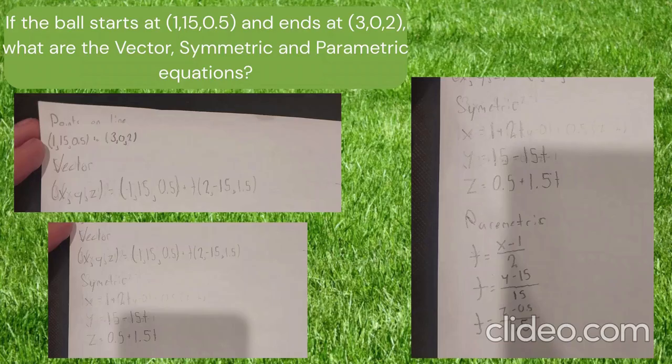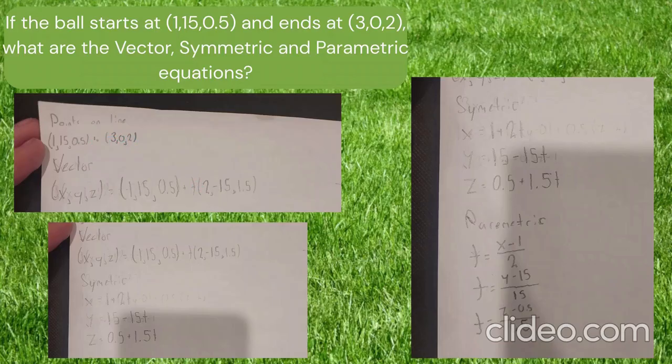So as t increases, let's say t is 1, we're going to be able to add these two together to get our x, y, and z coordinates. So if it's 1, you can add 2, you can add 1.5, which is 0, and you can add 1.5, which is 2. Oh my god, we got this point. So the way we find this is by subtracting this number from this number and then plugging it in. This number from this number plugging in, this number from this number plugging in, and then adding a t. Now let's go from vector to symmetric.